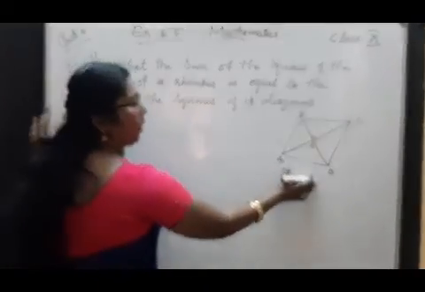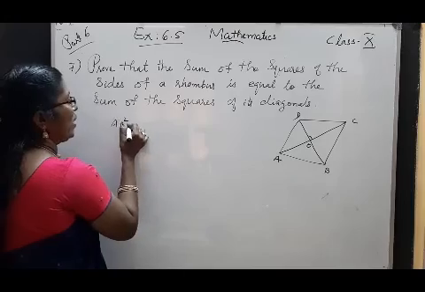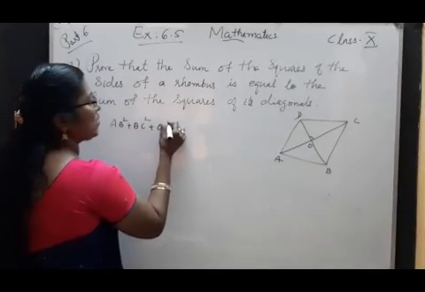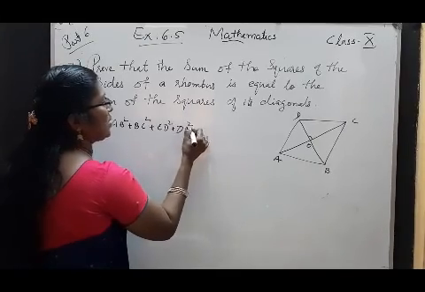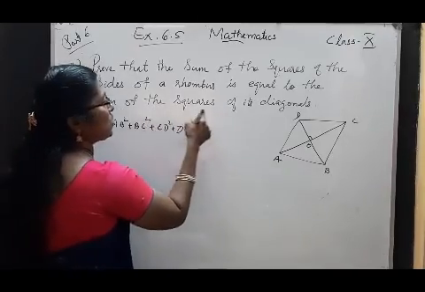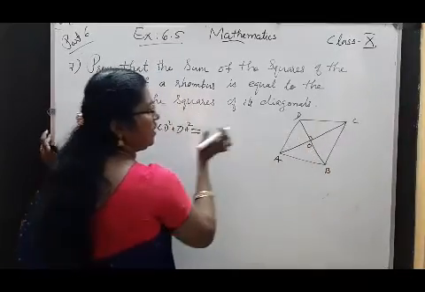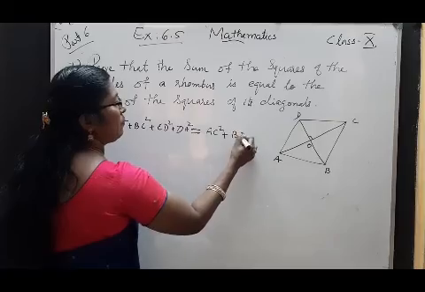Here, the sum of the squares of the sides of the rhombus, that is AB square plus BC square plus CD square plus DA square, is equal to the sum of the squares of its diagonals. Diagonals are AC and BD, that is AC square plus BD square.